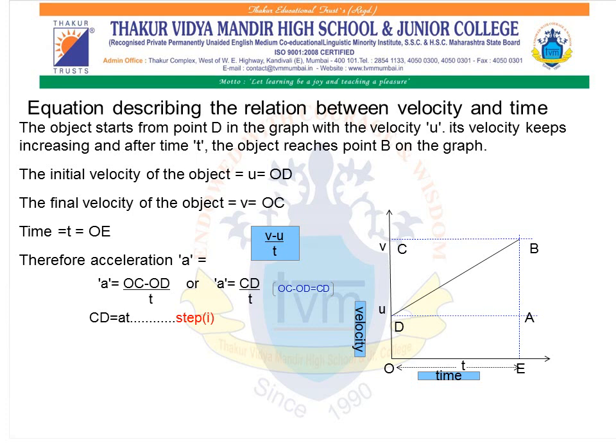Looking at the graph, we can write the initial velocity of the object, u, is equal to the distance OD, and the final velocity of the object, v, is equal to the distance OC. As I said, on the graph we have the quantity time on the x-axis and the quantity velocity on the y-axis.